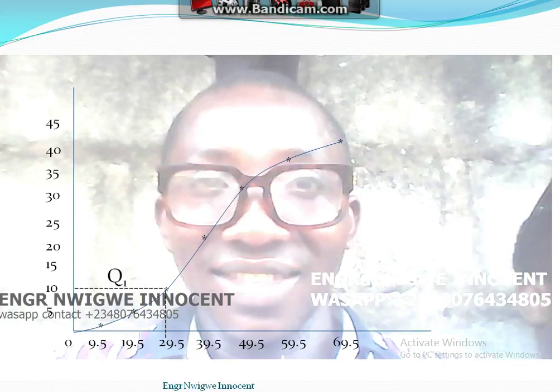When the upper quartile is the lower 80th percentile is 57.7. You trace it on the where the two meet is the 80th percentile.